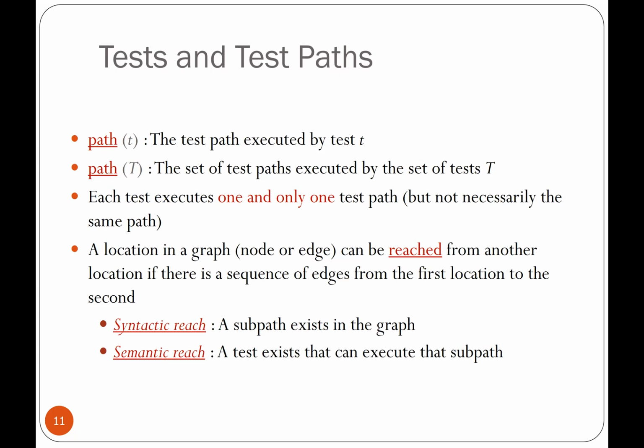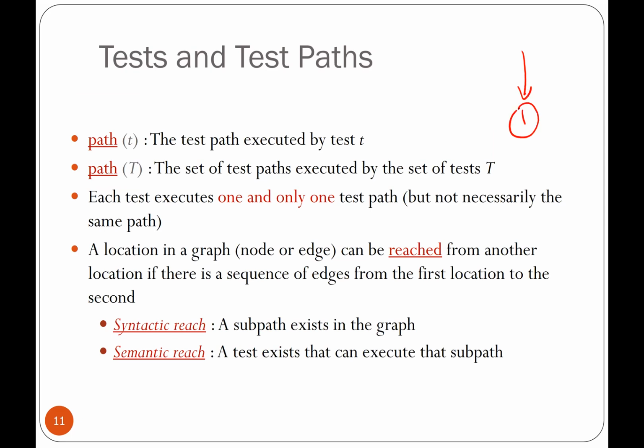Sometimes I end up with a situation where I have a path in my graph that I cannot find any test case to take me through. And I'm going to give you a little example. Let's just say you have an if statement. So I'm coming over here and I get to this node.